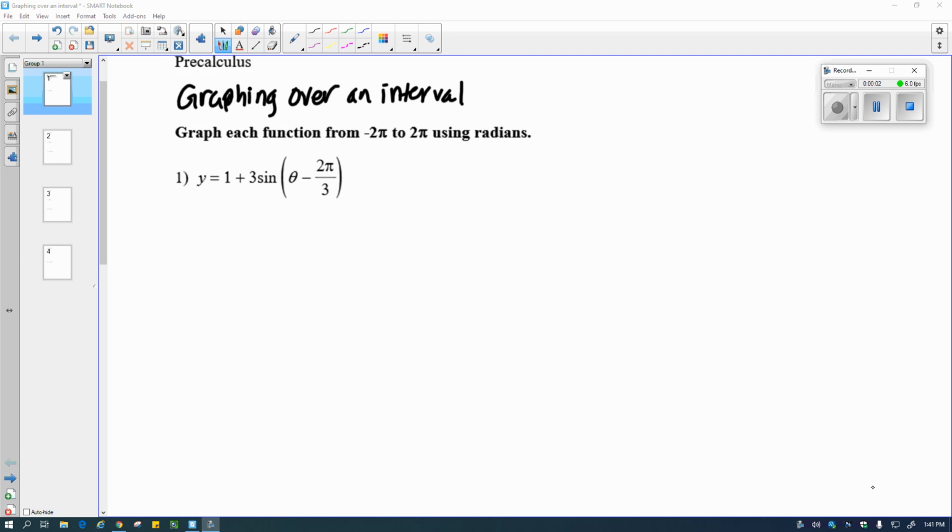Today we're going to be graphing over an interval, and we're going to be specific to a particular interval. Our interval is going to be from negative 2 pi to 2 pi.